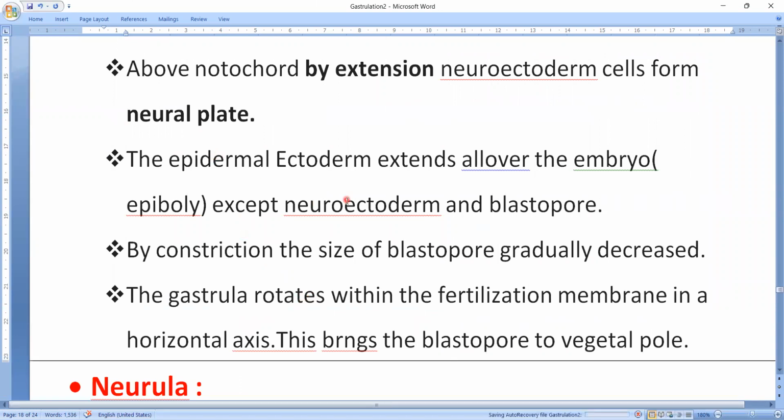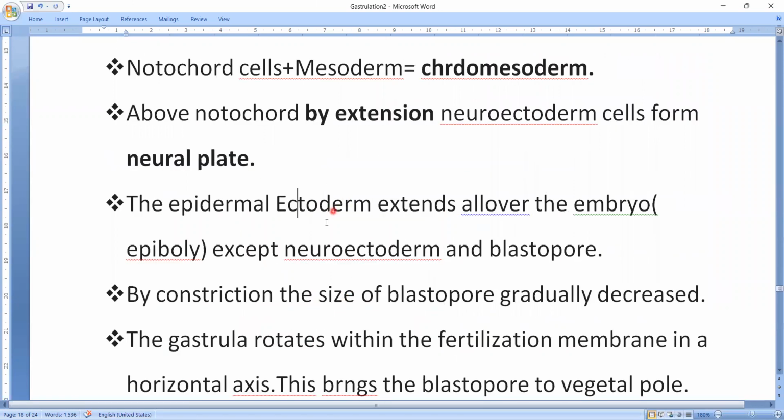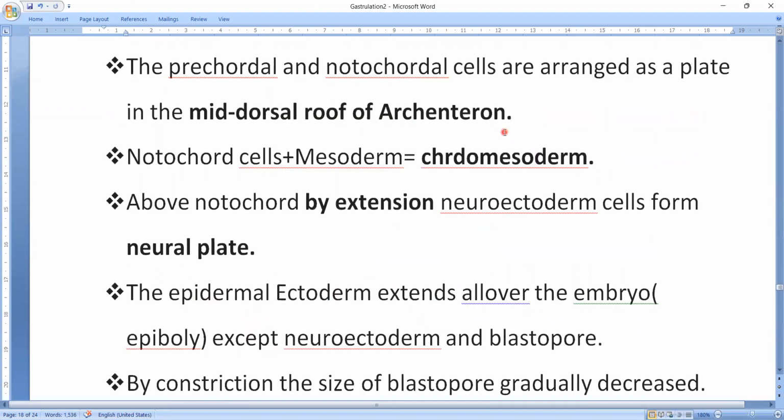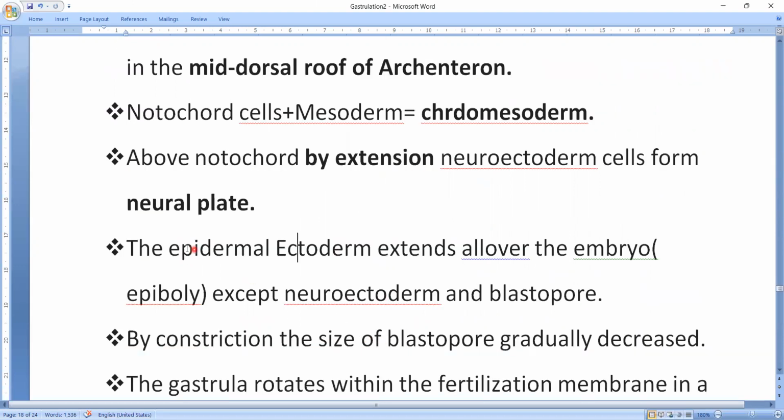So notochord plus mesoderm is called chorda mesoderm.